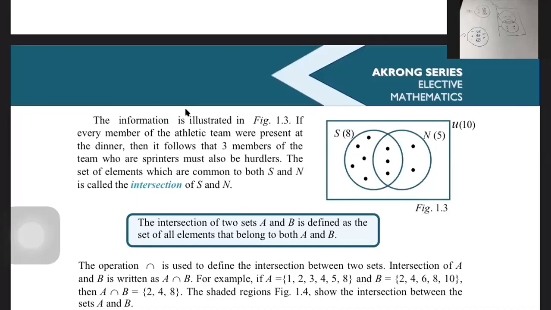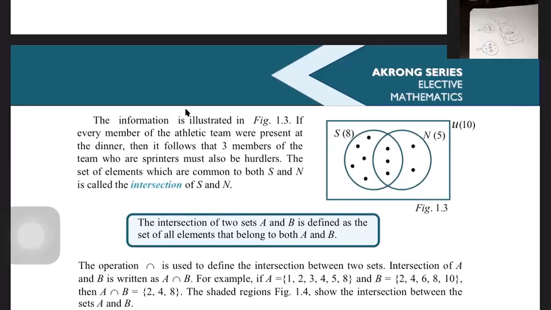Now, 1, 2, 3, 4, 5, 6, 7, 8 all belong to S. And 4, 5, 6, 9, 10 all belong to H. And then 4, 5, 6 also belong to both sides.